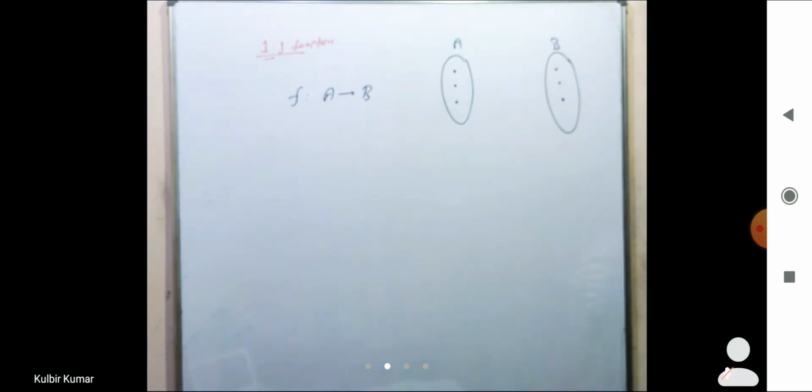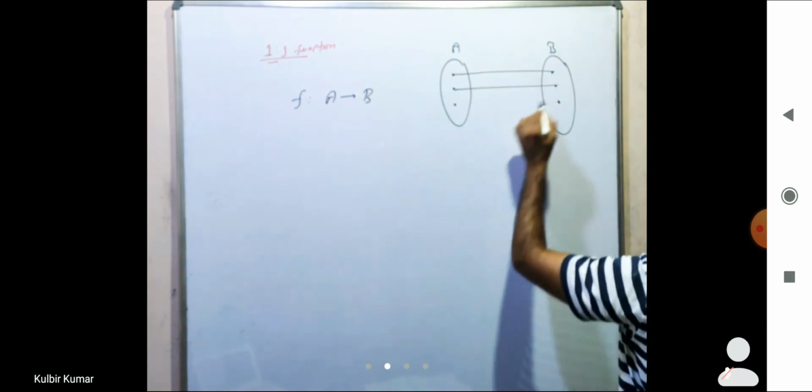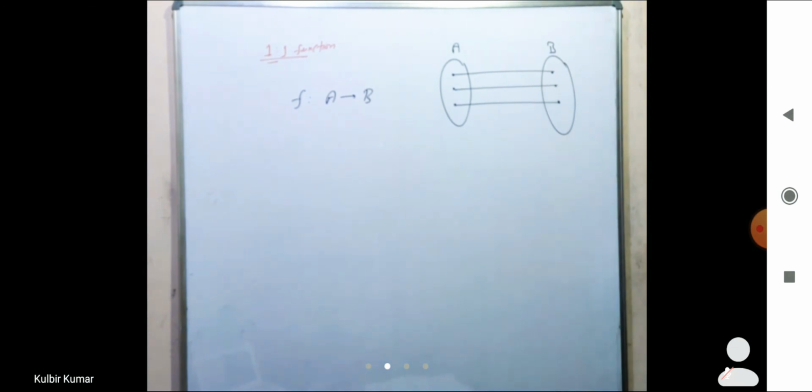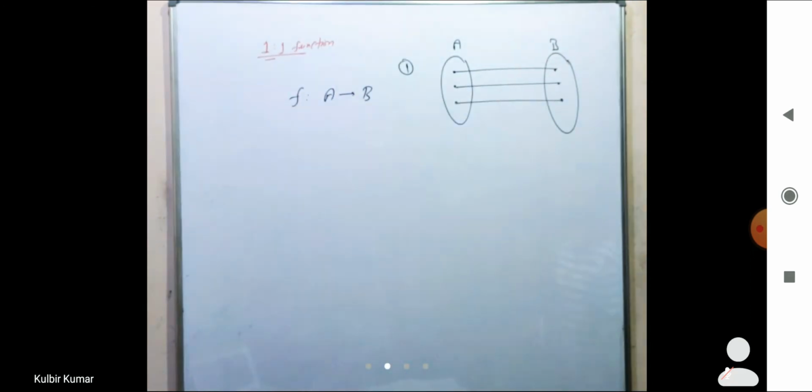These are the elements. Now this is a function given. Then tell me this function is one-to-one function or not.